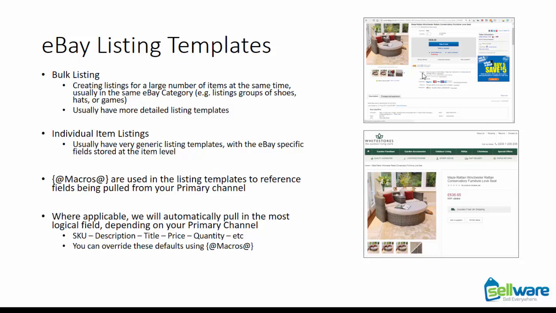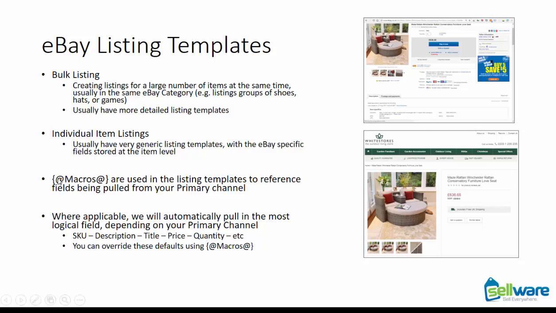We're going to get into creating a listing template in a moment. If you're doing individual item listings, meaning you have a one-off, so you have a piece of furniture or a refrigerator that you're going to be reselling that you got from an inventory surplus and you only have one, well, rather than create an eBay listing template for that, you can just list that directly from your item within Sellware. We use a concept called macros.